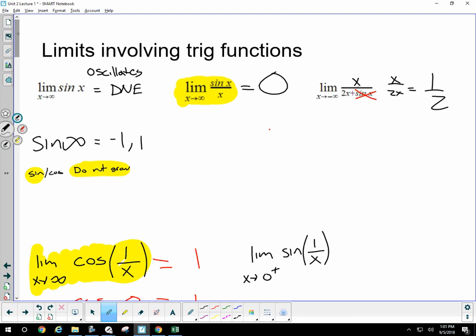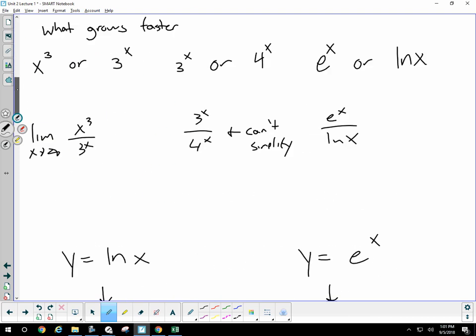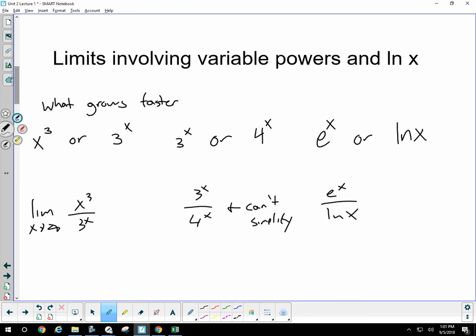We have to use that conceptual understanding for limits like these. We have to know that 3 to the x grows faster than x cubed. 3 to the x actually grows faster than x to the 3,000. 3 to the x grows faster than x to the 9,000, 99,000. Now you might be thinking, that doesn't make any sense.